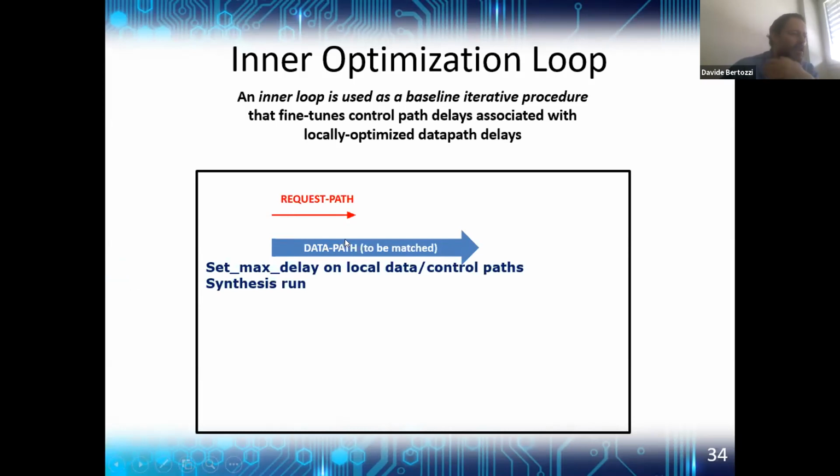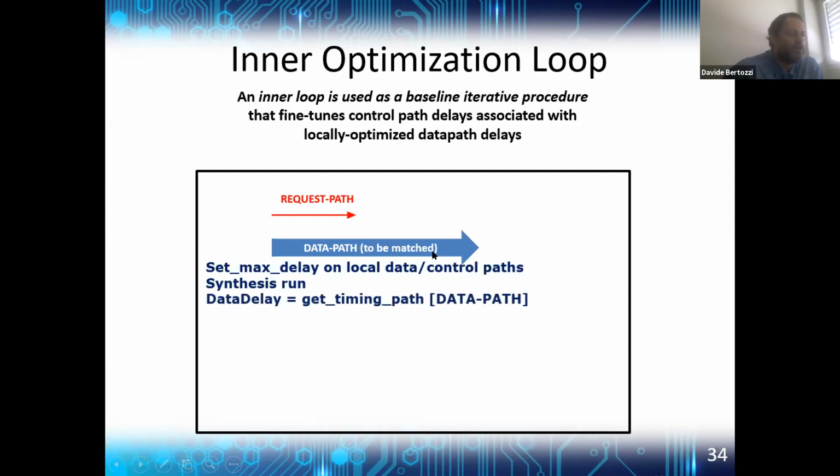So the first thing, we run a synthesis run, setting a set max delay constraint on this baseline data path. And therefore, the outcome is a locally optimized data path delay.